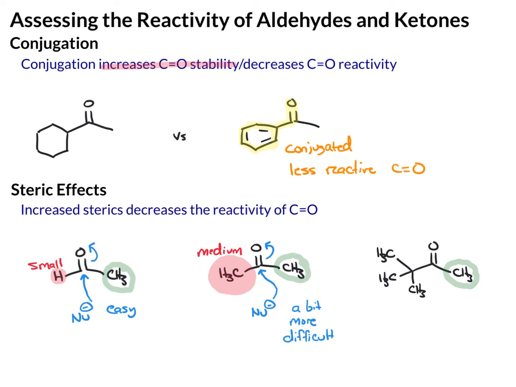So we have those 3 methyl groups. That bulky group takes up a ton of space. And what that effectively does is it hinders the carbonyl from the nucleophile. Okay, and I'm not saying it's impossible, but it makes that nucleophile squeezing in much more difficult.